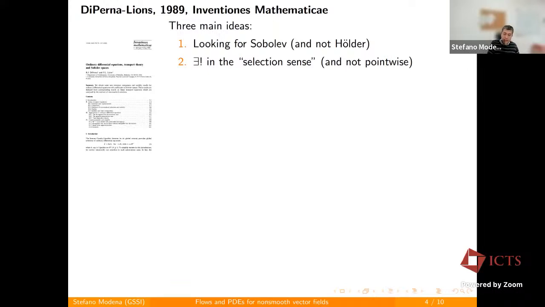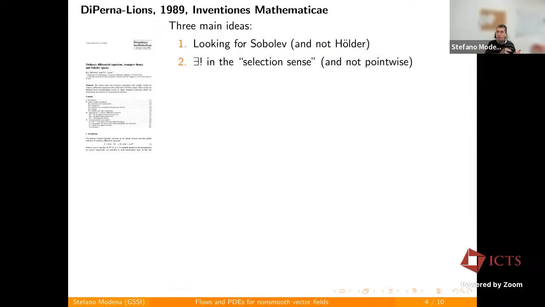And then the third idea is the following. We have seen that in the classical Lipschitz setting, you solve the ODE, and then you use the solution to the ODE, so the flow map, to solve your PDEs, either the transport or the continuity equation.